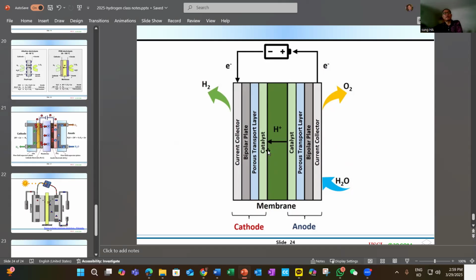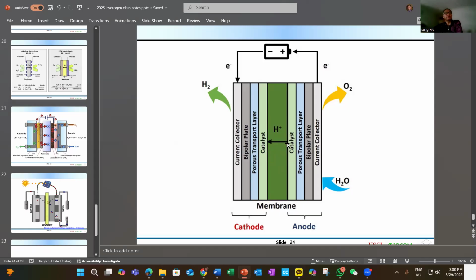So we can have many multiple layers. That's practically the way of making this PEM electrolysis.